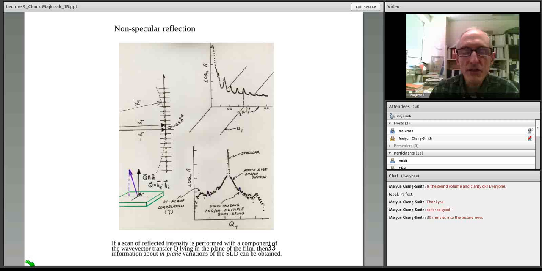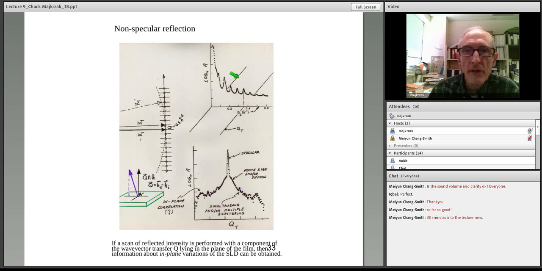Okay, now just a word about non-specular scattering. If we tilt the wave vector transfer off the normal to the surface so that the angles of incidence and reflection are not the same, so the specular condition is not satisfied, then we begin to probe in-plane variations in the scattering density because we have a component of the momentum transfer now lying parallel to the surface.